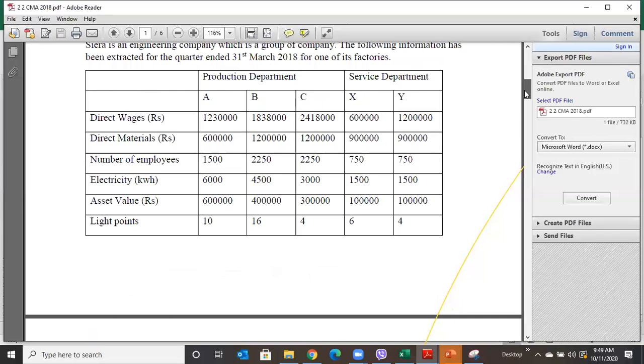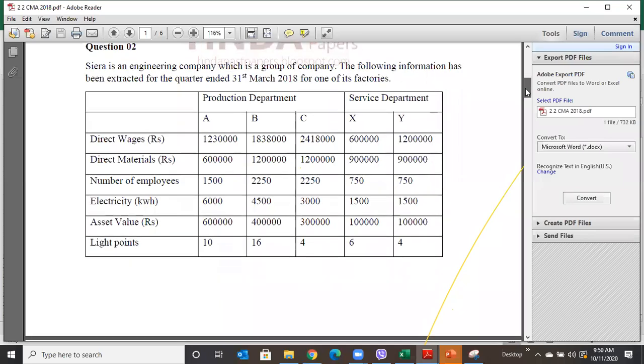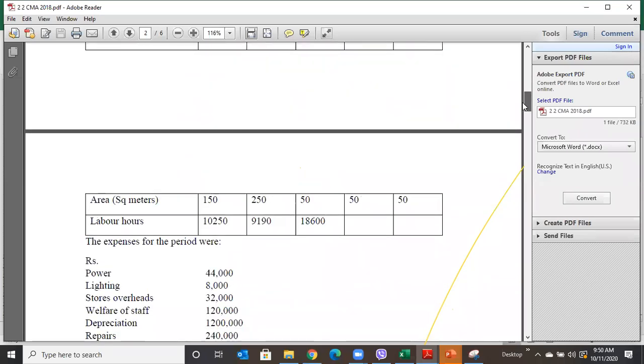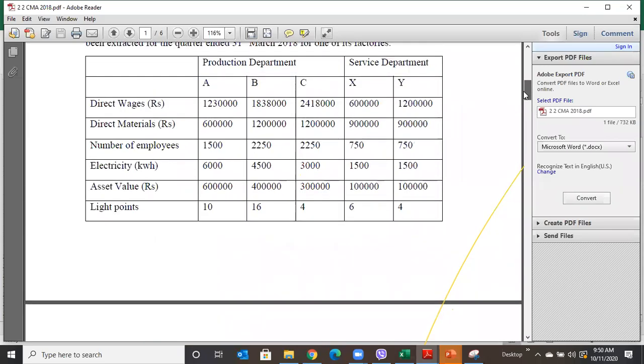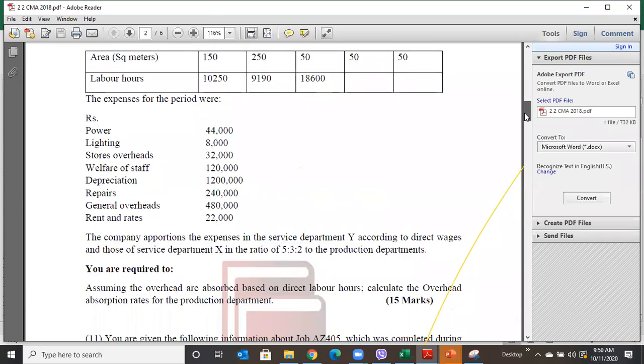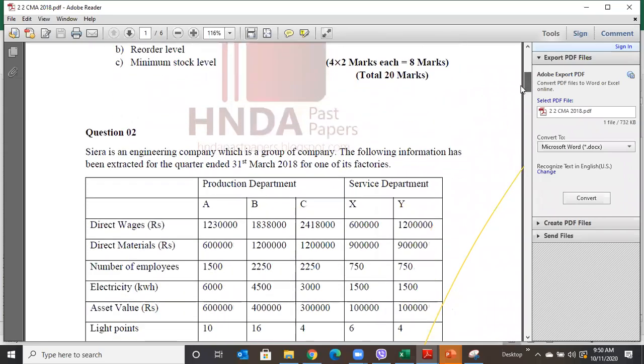Look at this sum: direct wages 123, 183.8, 241.8 in 3 departments, and labor hours have also been given. Then can you calculate the per hour rate? Okay, then calculate the per hour rate.